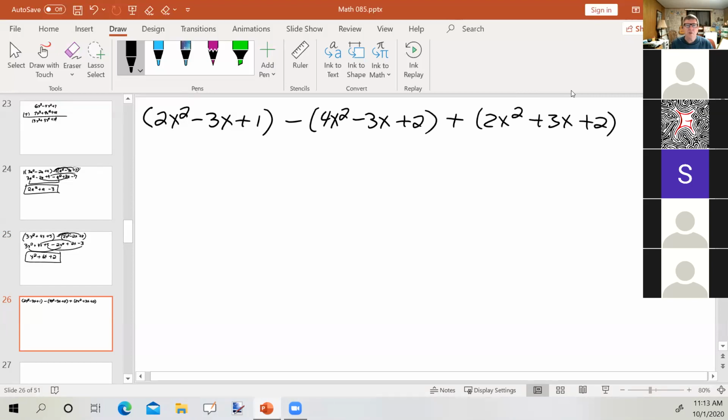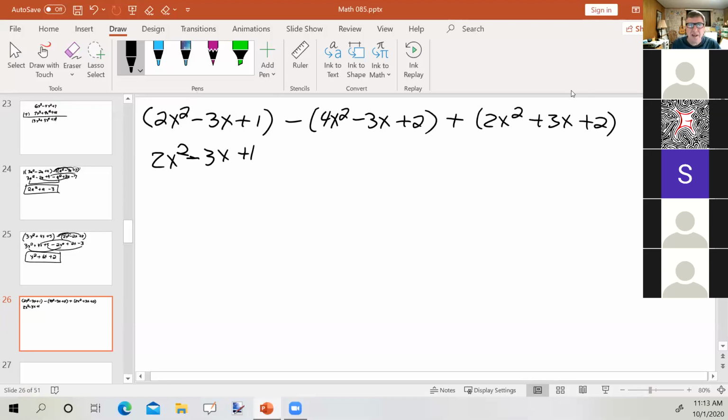So we've got 3 trinomials. We're subtracting the first 2 and then adding the third. Okay? So the first trinomial, there's nothing in front of it, so I can just bring it out and get the same thing that was inside.